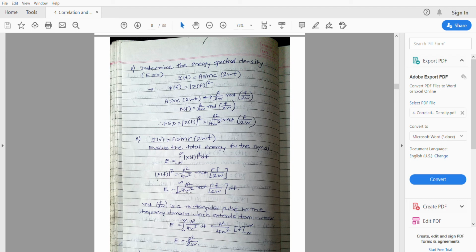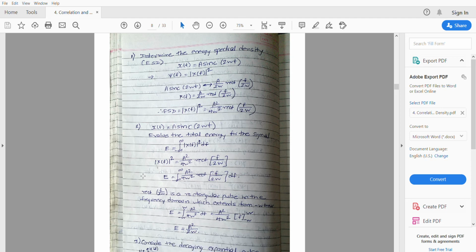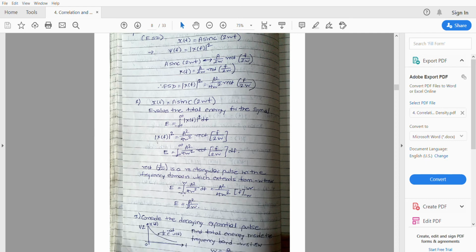So we just take the integration of this with respect to df, and since 2w is the width of the rectangle, the integral limits are minus w to w. After solving this integration, we get the total energy in the frequency domain, that is a squared upon 2w.